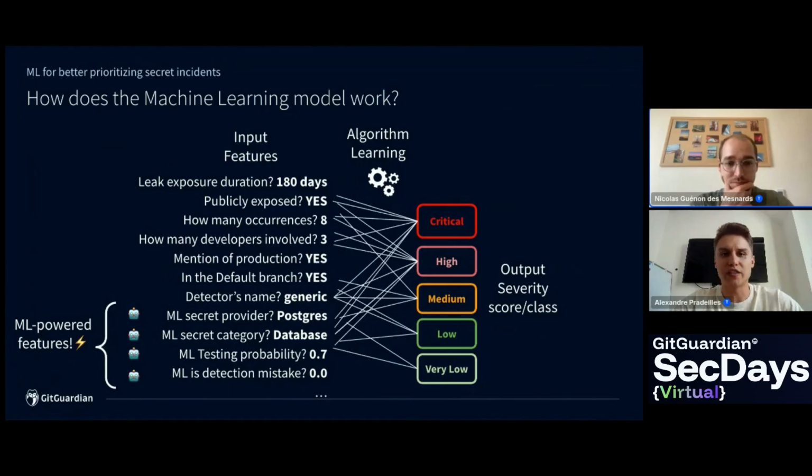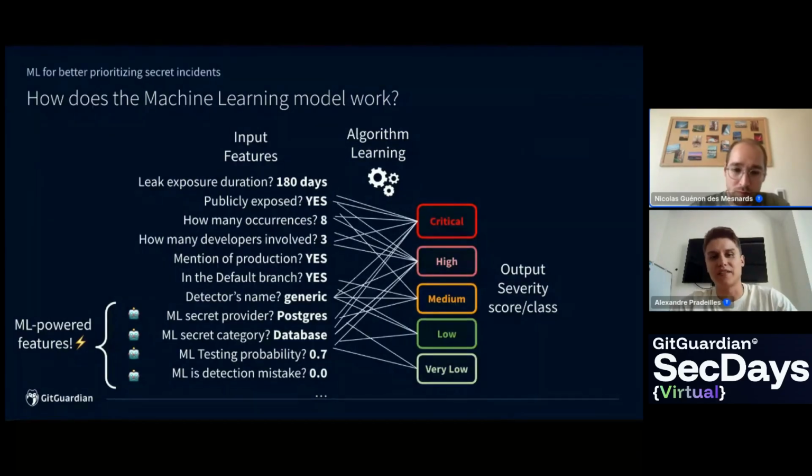So to train this machine learning model and to predict the severity score, we have used all the context, all the features we presented a few slides before, which can be based on deterministic data that we can extract on the secrets, and also our ML-powered features based on our internal models.